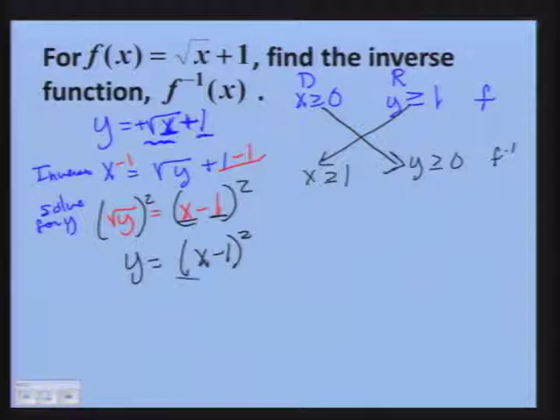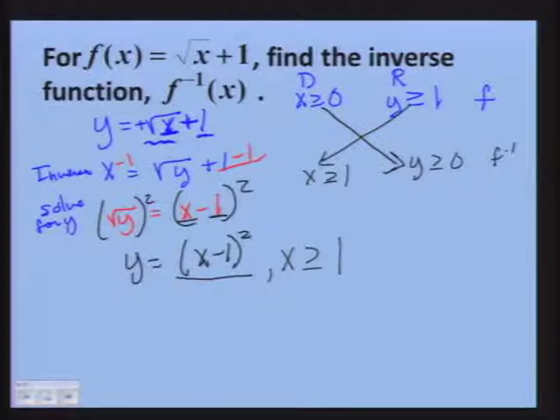Now, if you walked in and saw this problem on the board, you would think it was a parabola unless somebody told you you can only use certain x's so that you only have half a parabola and it passes the horizontal line test.